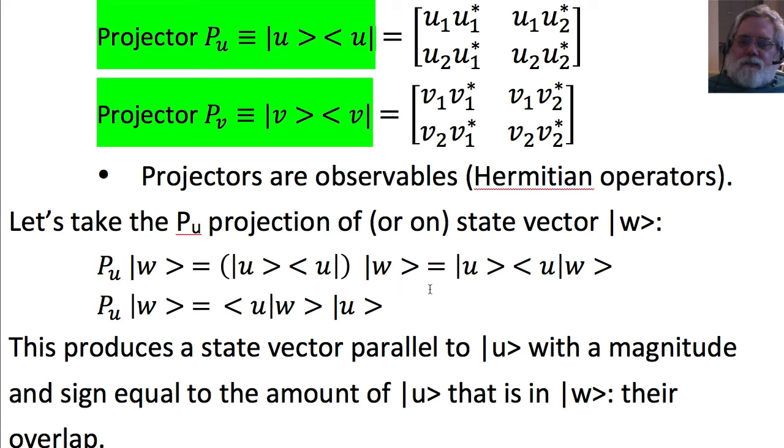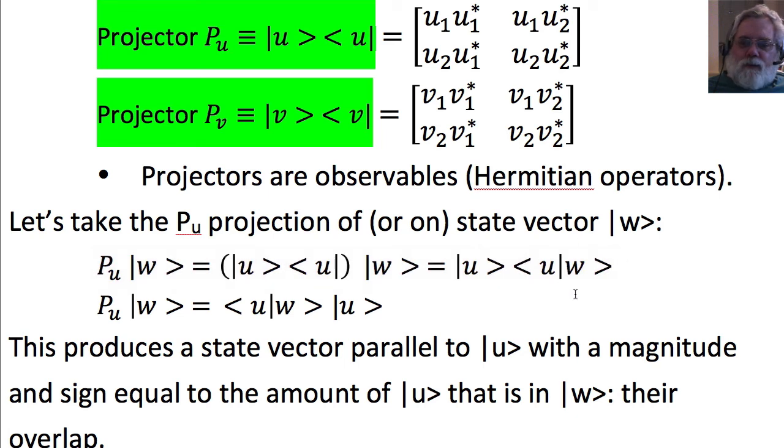Well, that's identical to ket u and the inner product of u with w. That's what this bra and this ket do. They produce this inner product.